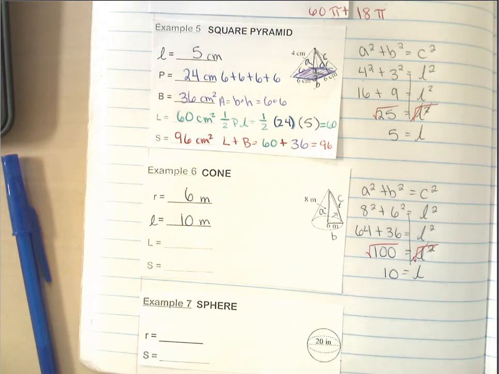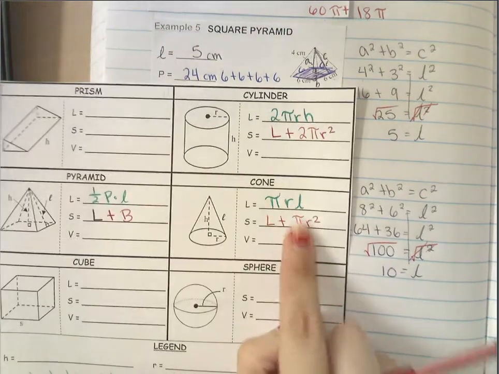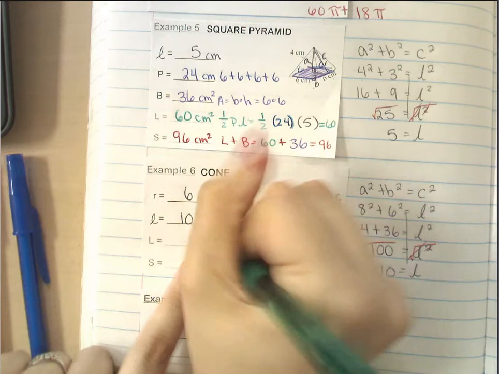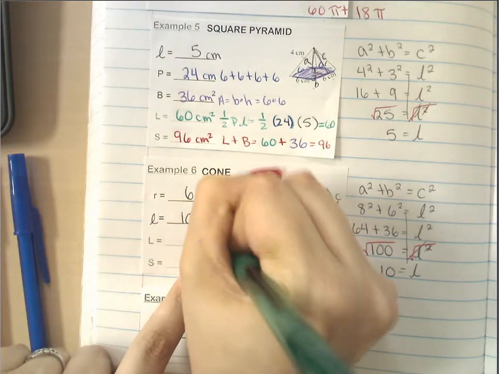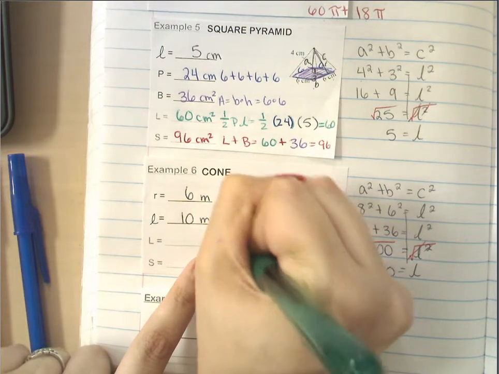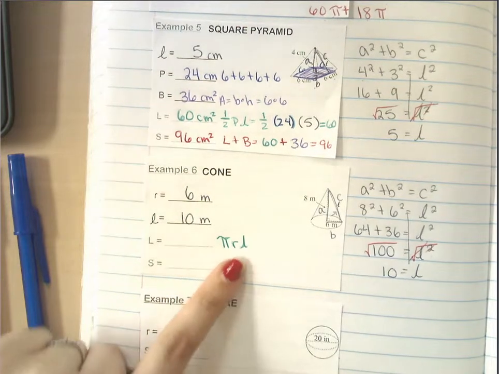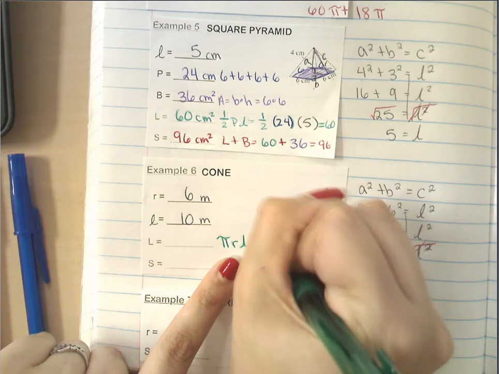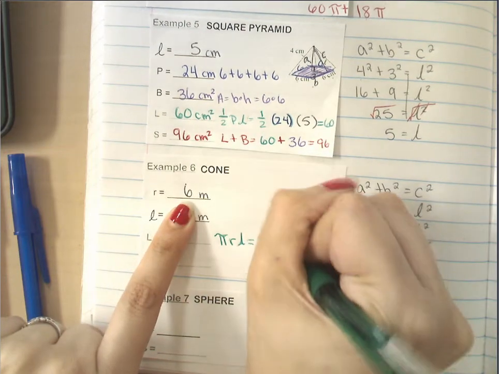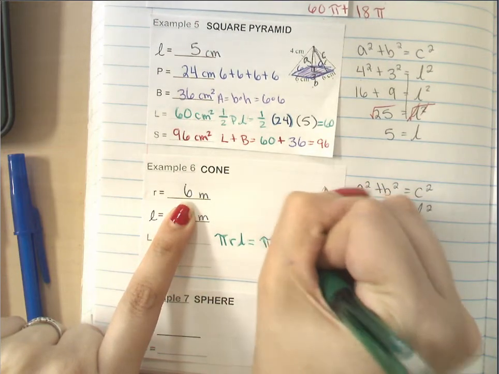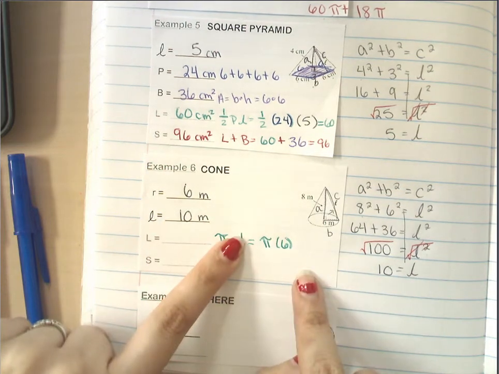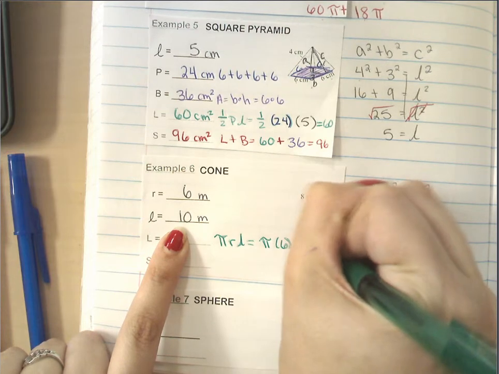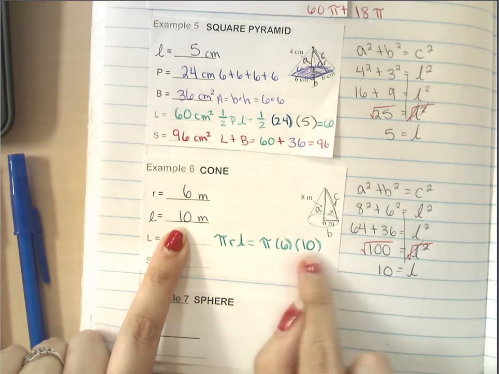Okay, so now for my L, I look at my formula sheet. It's pi RL, and so right here, pi RL, I replace the R with the 6, which is the radius, and then I replace my L with the 10, which is the slanted height, and then I just multiply the numbers.